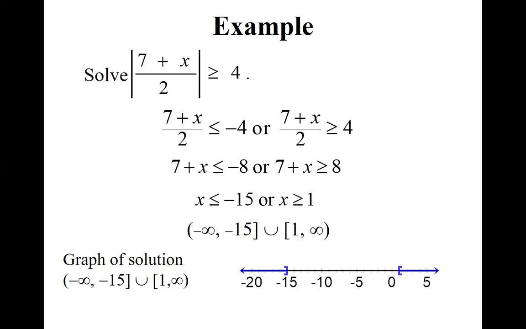It's just our 2 intervals graphed, on the same number line. X less than or equal to negative 15, x greater than or equal to 1. And that is it for this topic.